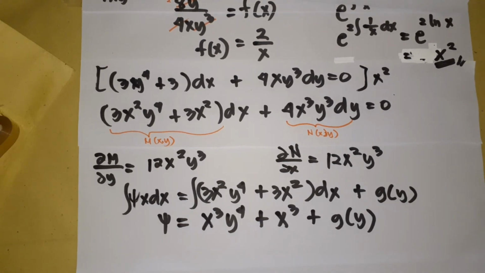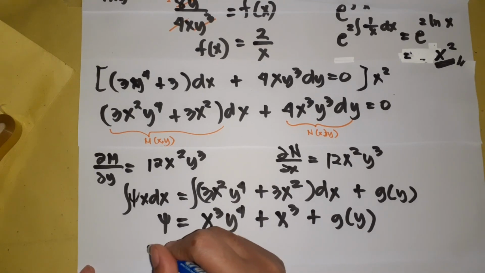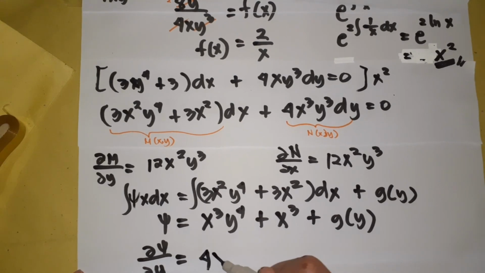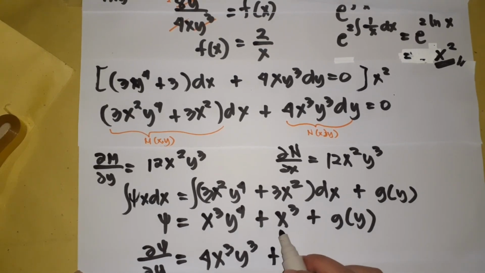Next, we will get the partial derivative of our psi in terms of y. The partial derivative of x^3 y^4 plus x^3 is 4x^3 y^3. The derivative of the x^3 term will be 0 because it has no y variable, so it is a constant, and the derivative of a constant is 0.